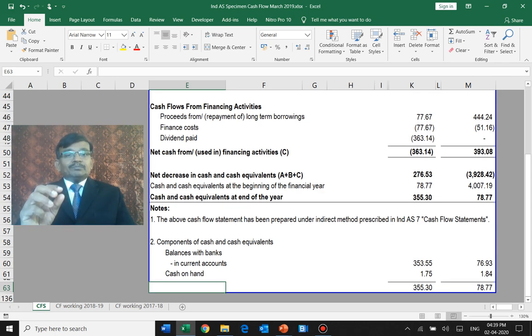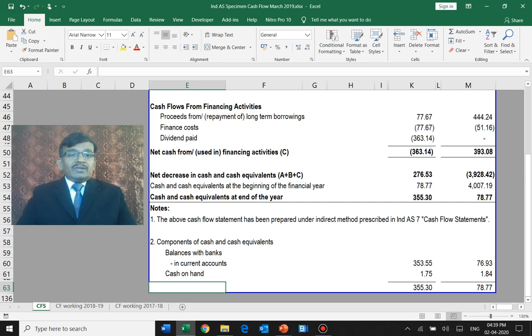That is where long-term loans, short-term loans, share capital increase or decrease, dividend payments, and finance cost paid, all those items will come as part of the financing activities of an entity. So here also it can be net cash from or net cash used in financing activity.